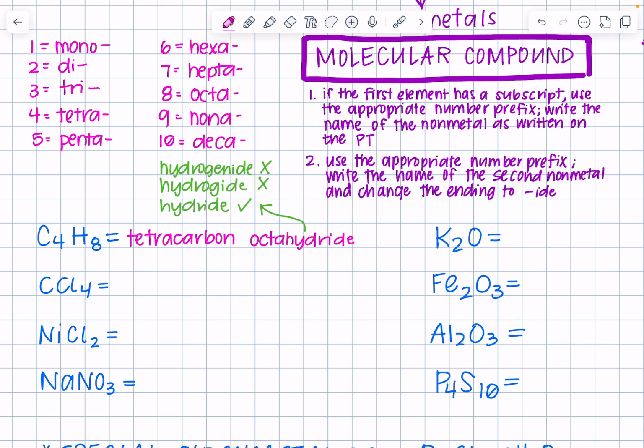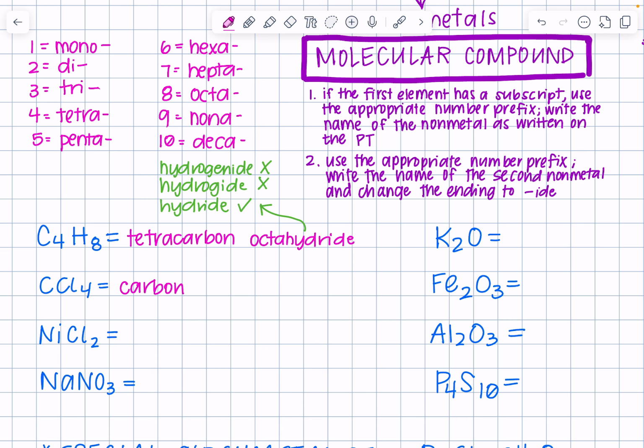For some reason, the powers that be, whenever naming conventions were created, decided that if you have one nonmetal for your first nonmetal, you don't write a prefix for it. So this is not monocarbon, it's just carbon. Every other number gets a prefix, but for some reason, one does not. However, if you have one of the second one, you do use mono on the second element.